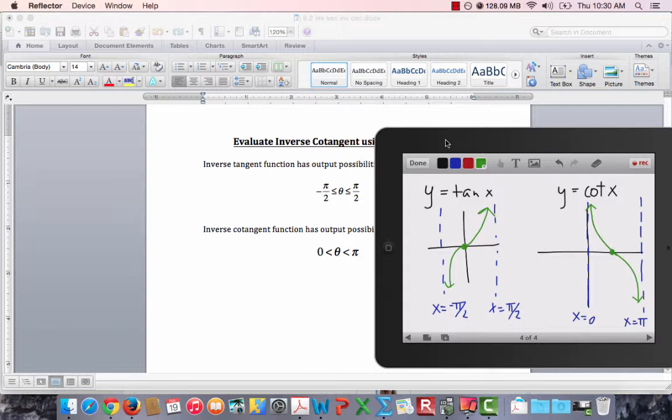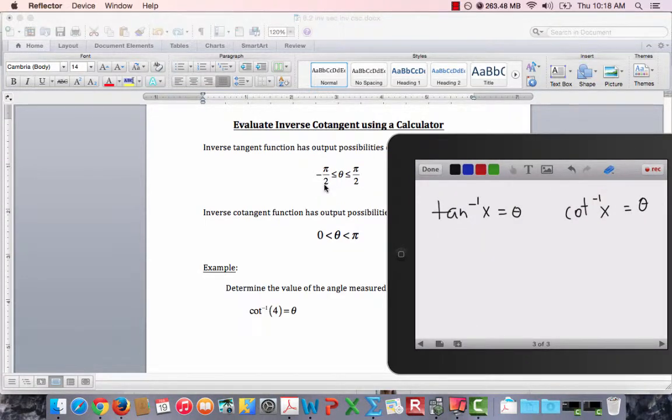So the domain restriction on cotangent corresponds to a range restriction on its inverse. The range restriction on inverse cotangent is from 0 to pi instead of from negative pi over 2 to pi over 2.